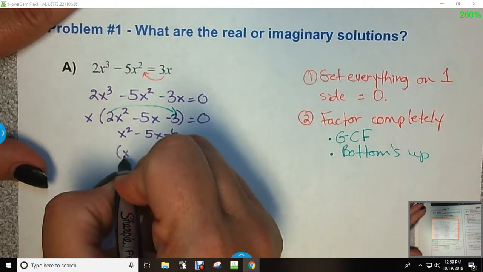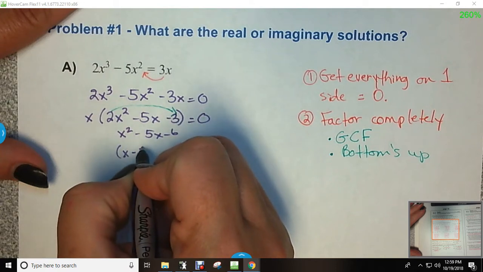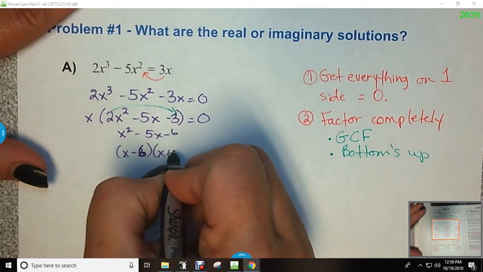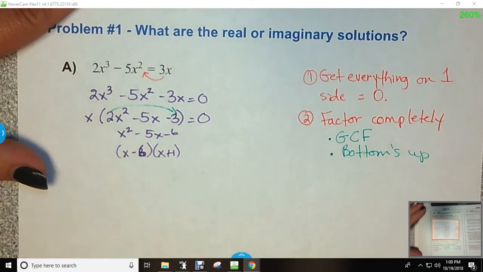That will factor into x minus 6 and an x plus 1, because they have to multiply to be negative 6 and add to be negative 5.